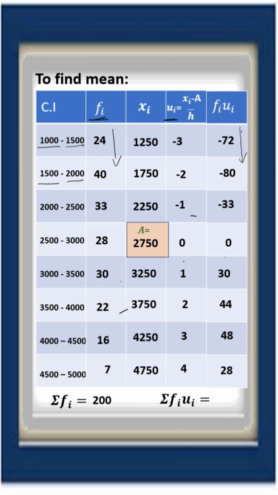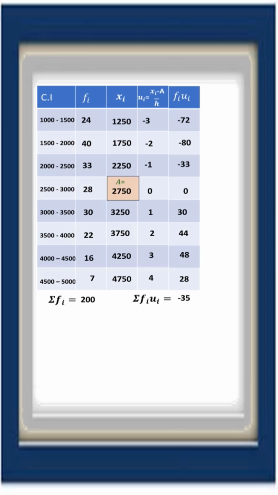Summation of fi ui is negative of 35. So the assumed mean is 2750, and the formula for the mean is a plus summation of fi ui upon summation of fi, into h.